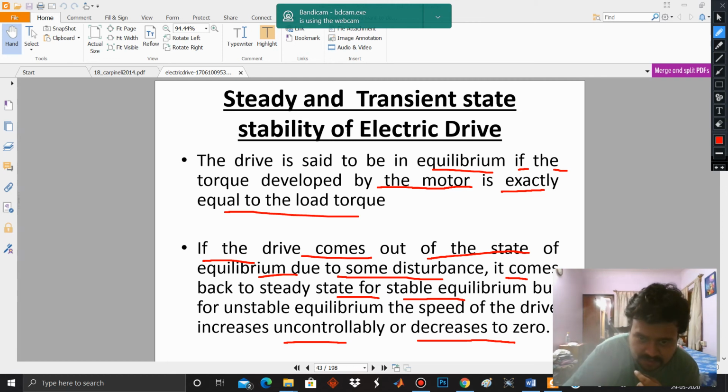So an important thing is the disturbance in the system. It comes back to steady state for stable equilibrium, and the system will be stable, but it will be unstable if the speed increases uncontrollably or decreases to 0. This is known as unstable equilibrium.